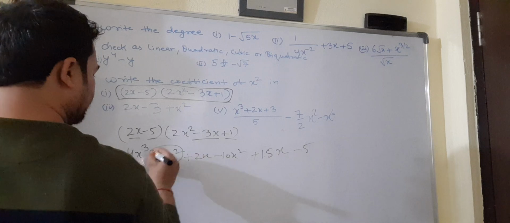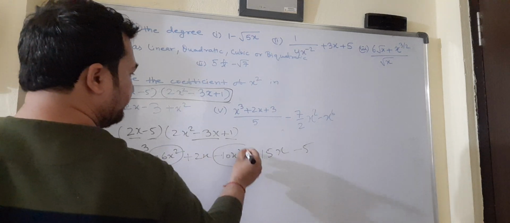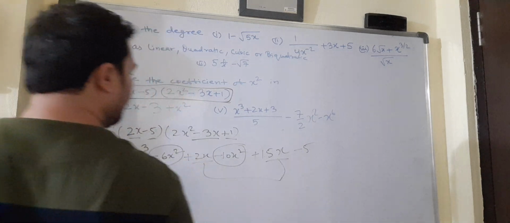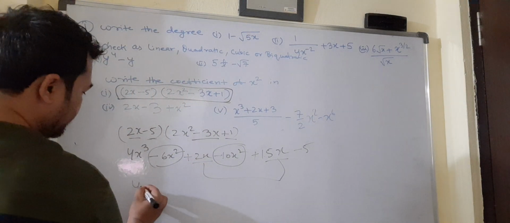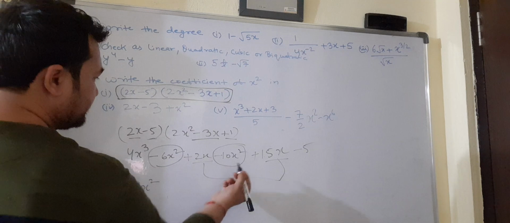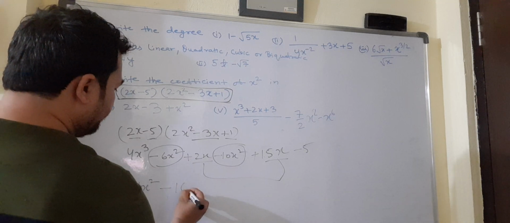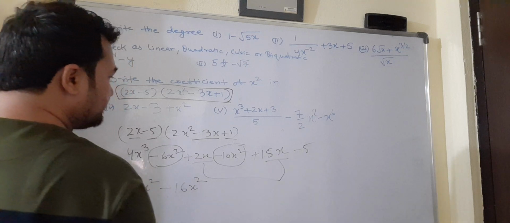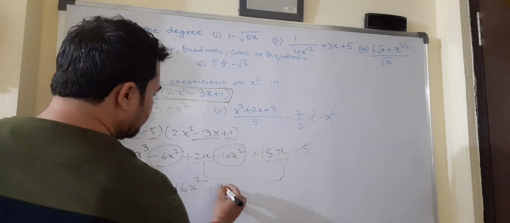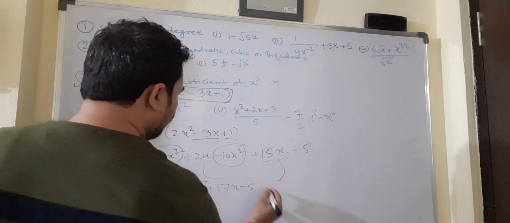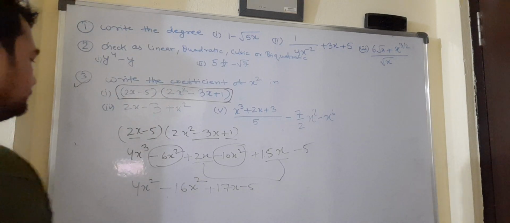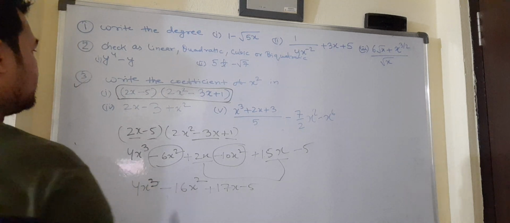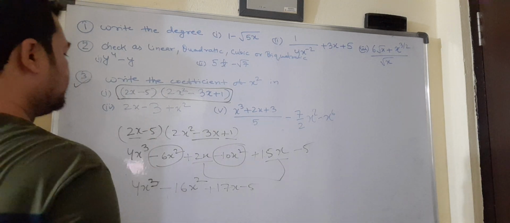Here it is x square, here also x square, this one is x and this one is also x. So 4x cube, minus 6 and minus 10 is minus 16x square, 2x and 15x both are plus, so 17x, minus 5. This is the value we get after solving this.